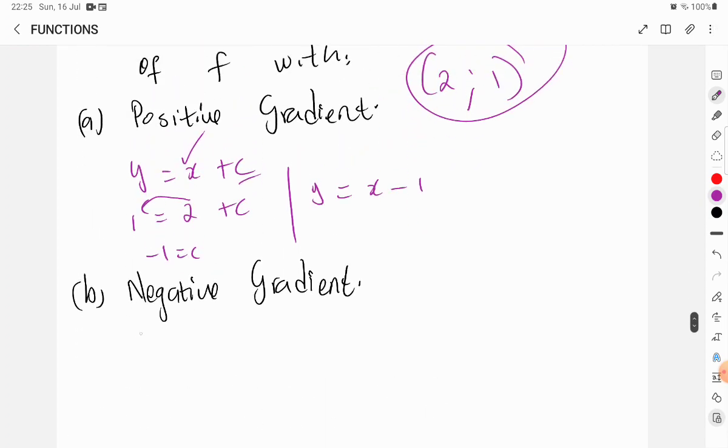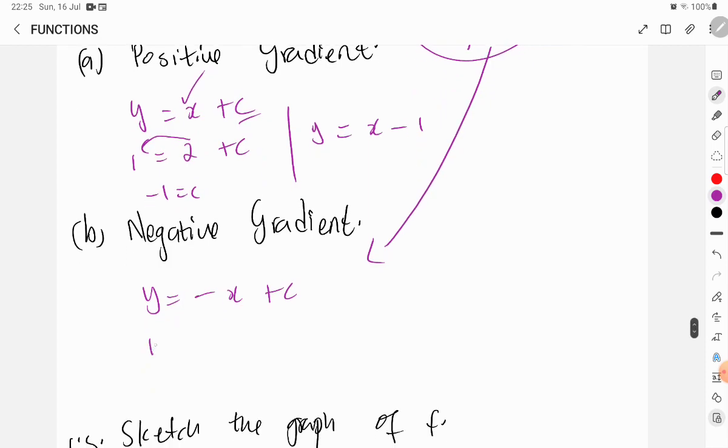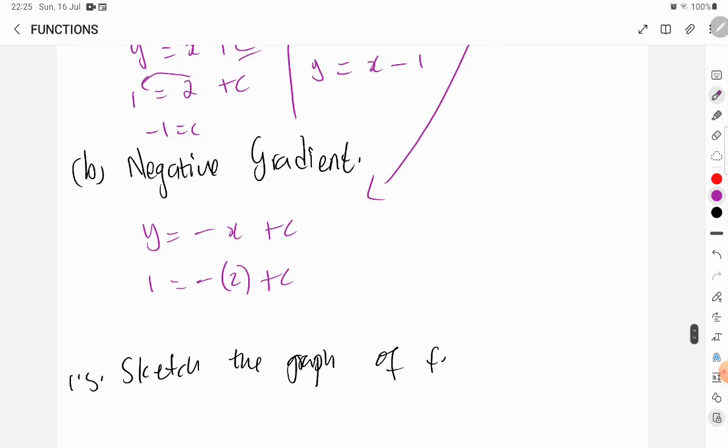With a negative gradient, again, you start with y is equal to minus x plus c. Sub in that again. This is going to be 1 is equal to minus 2 plus c, right? Negative 2, when you take it to the other side, is going to be positive.